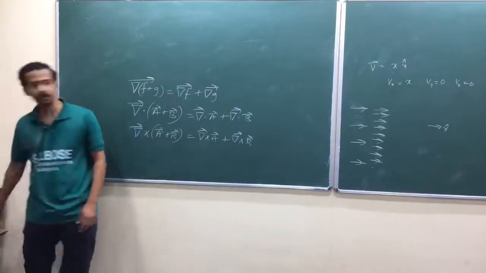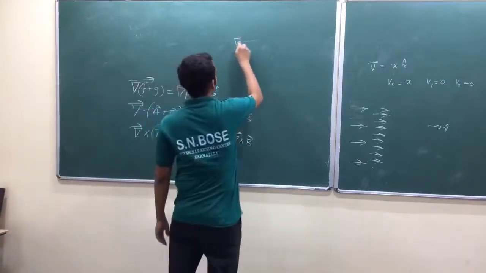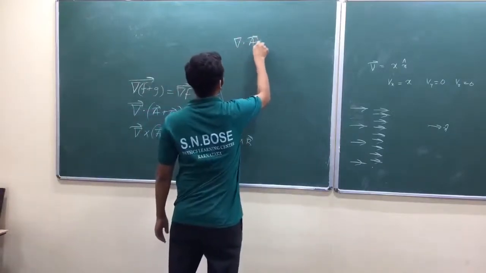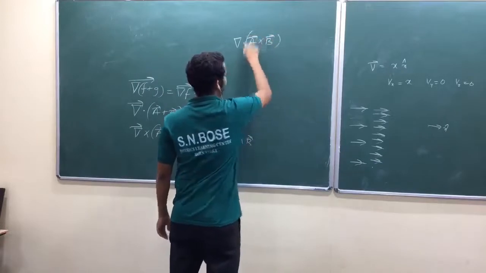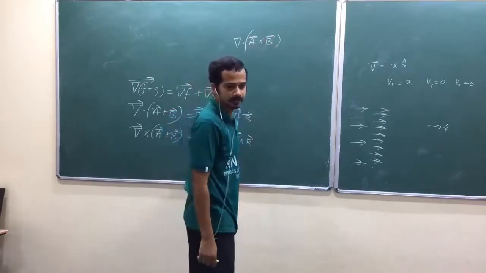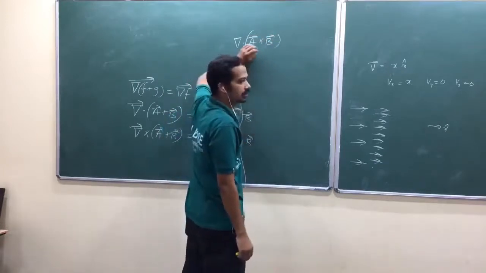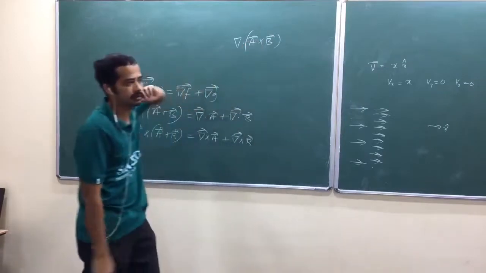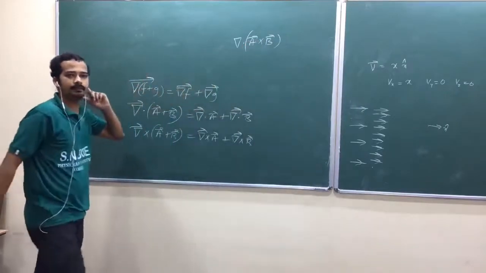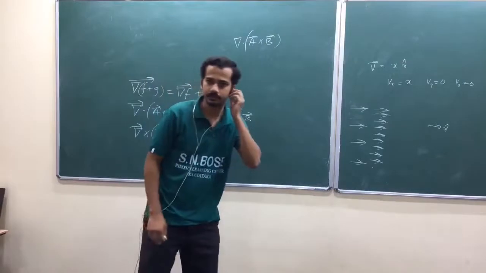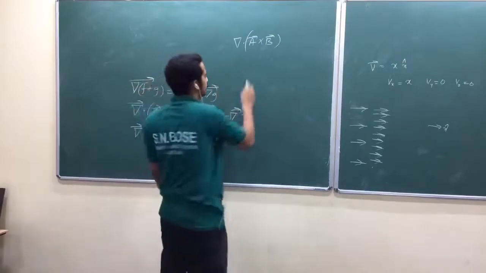I don't remember which one of these. I think this one, del dot a cross b. Am I right? That's your electric field and magnetic field cross product. That is the Poynting vector, isn't it? Yeah, we need this in future.